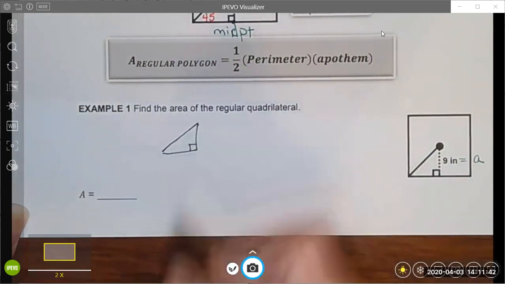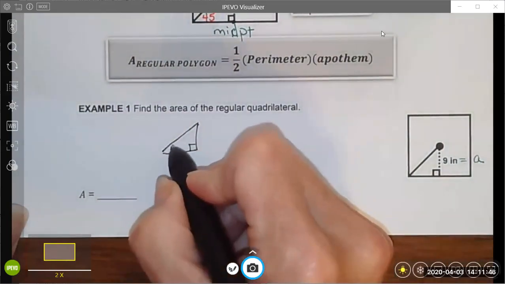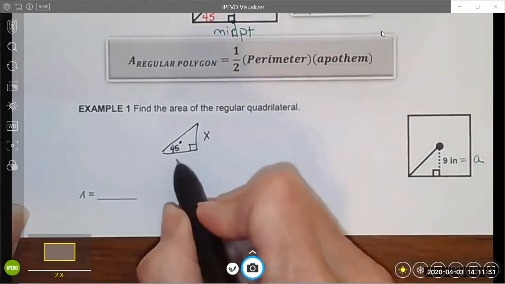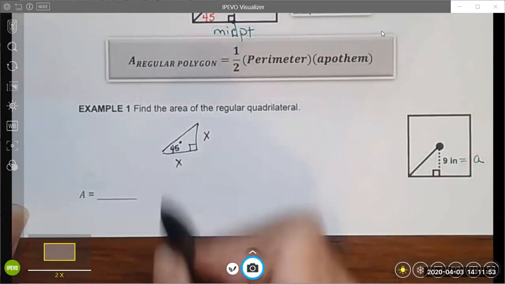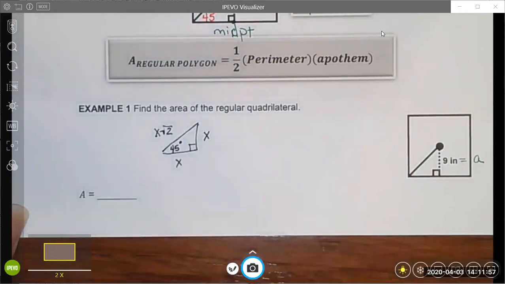I don't do them very well to scale, but I remember that in a 45-45-90 right triangle, the sides are congruent and the hypotenuse is always the length of the side times the square root of 2.